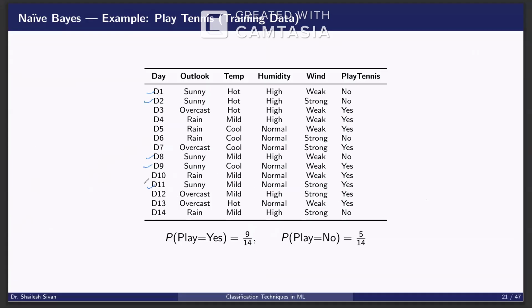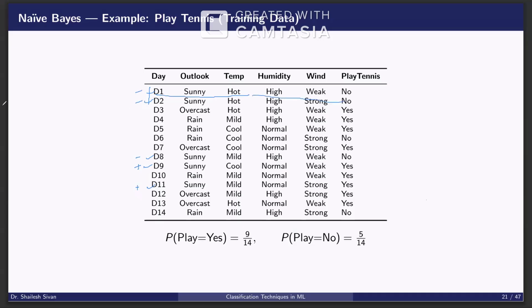And among that, this is yes, this is negative, this is negative, and this is negative, right? So we got a subset of the available data. This is the subset.